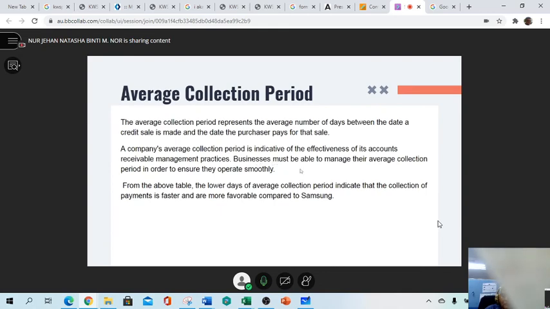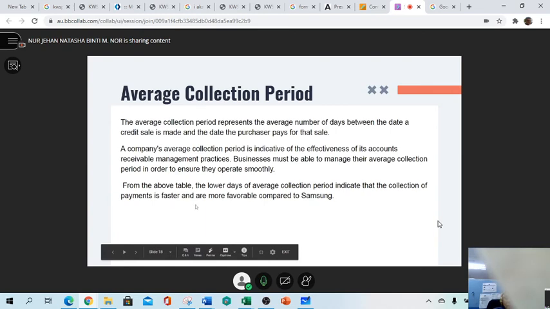A business must be able to manage its average collection period in order to ensure it works smoothly. For the above table, the lower days of average collection period indicate that the collection of payments is faster and more favorable compared to Samsung.